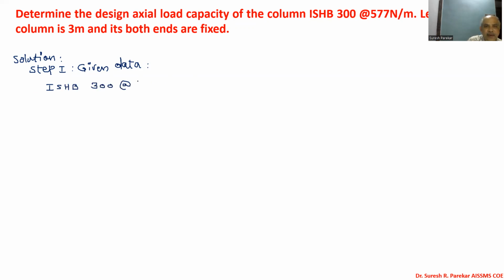at 577 Newton per meter. L is given 3 meter and then L effective will be 0.65 into 3000. Now you can see we have both ends as fixed. And if we will go to table 11, we have condition for both ends fixed.